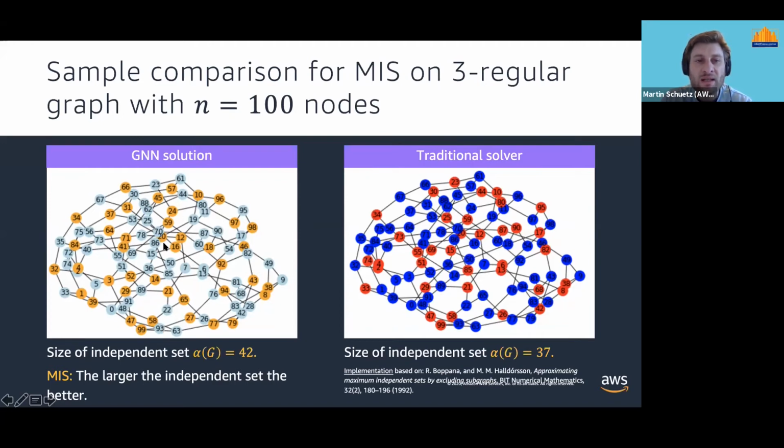With the GNN here, we find 42 nodes that we can color in orange out of 100 in this larger graph with 100 nodes. That is superior to the solution we find with a traditional solver based on the Boppana-Halldórsson algorithm, which only proposes a solution with 37 nodes colored in red.